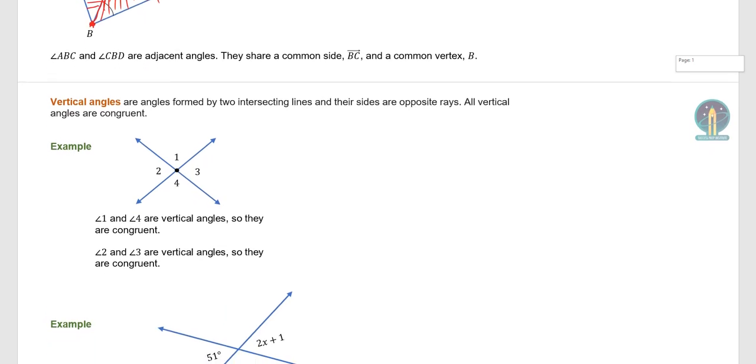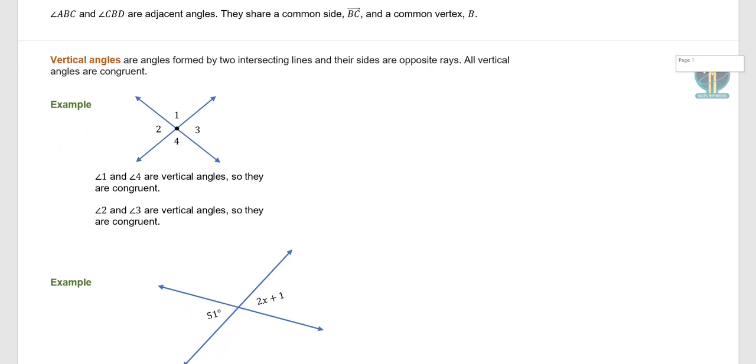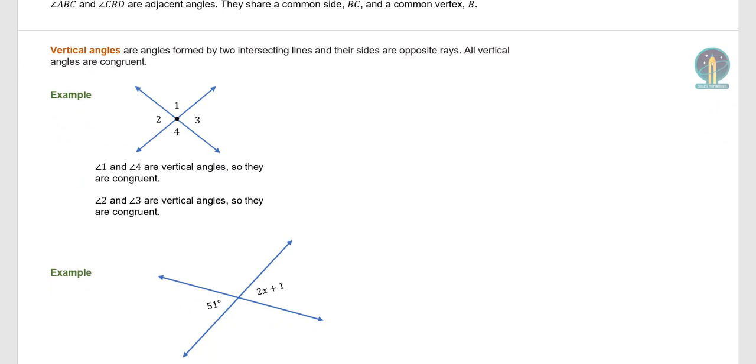Yet another type, a very interesting type, and a very easy type to work with whenever it shows up, is the type having to do with vertical angles, which are angles formed by two intersecting lines and their sides are opposite rays. All vertical angles are congruent. The reason I say they're easy to work with is that whenever you see them, they're automatically equal.